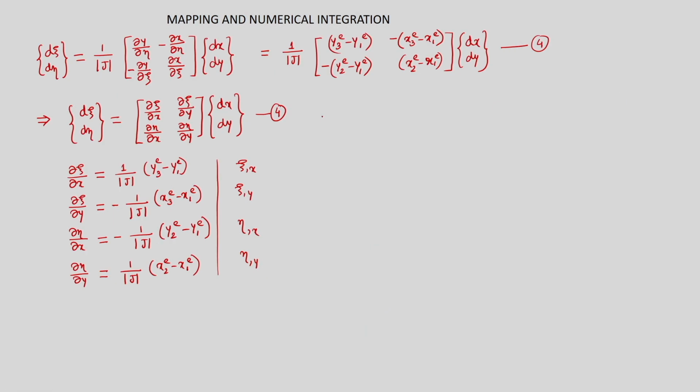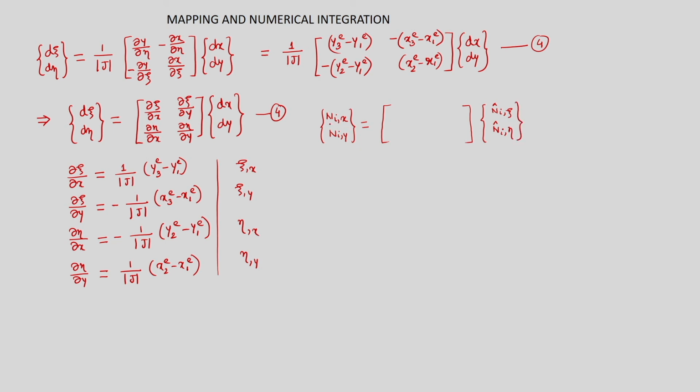So, we are writing N_i,x, N_i,y is equal to the matrix times the derivative of N̂i with respect to xi, the derivative of N̂i with respect to eta.